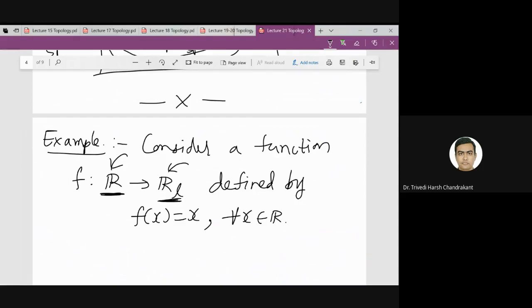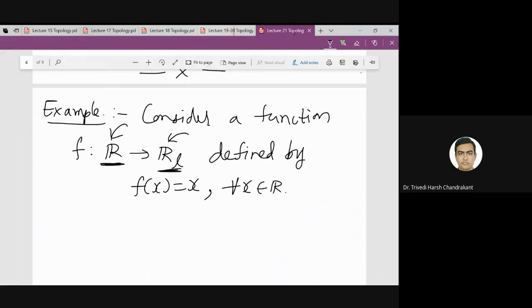That means we are considering the topology generated by the half-open intervals, closed a to open b. That type of intervals are the basis elements. We want to check whether this function is continuous or not. So is f continuous?